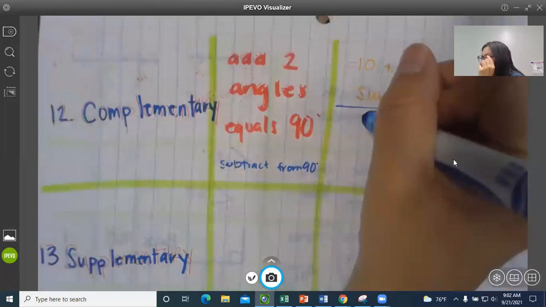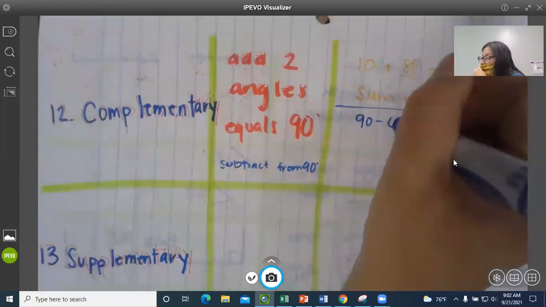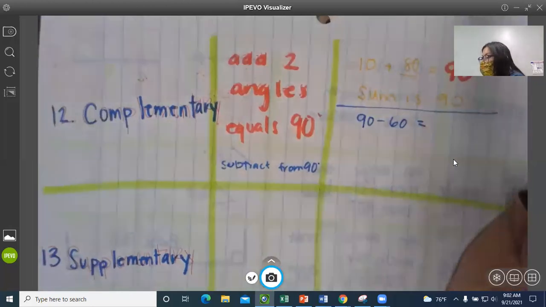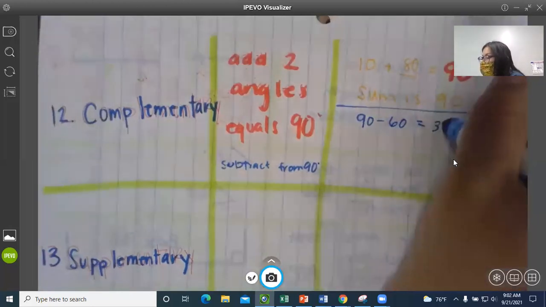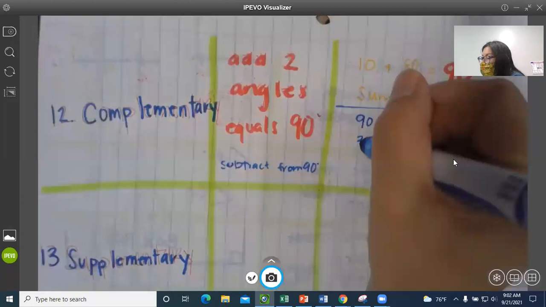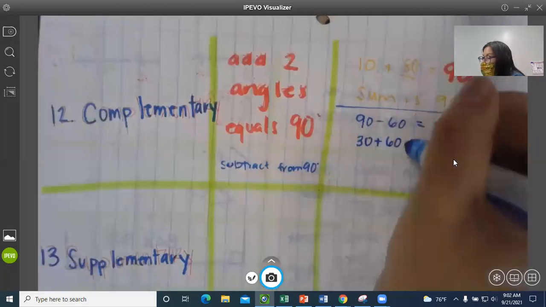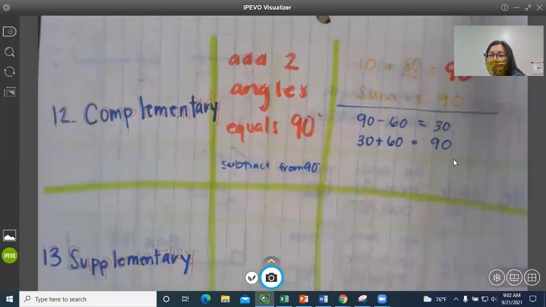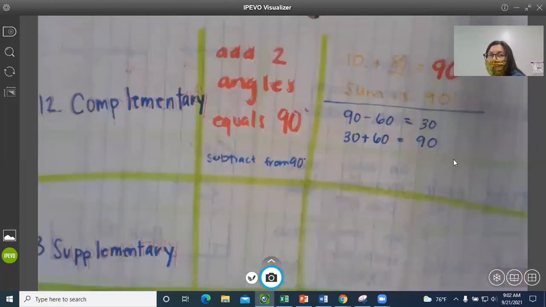All right, so if they say it's 60, you're going to do 90 minus 60. That's going to give you the complementary angle, okay? So it's going to be 30. So that means 30 and 60 are complementary because their sum is 90. You subtract from 90 to get the complementary angle.